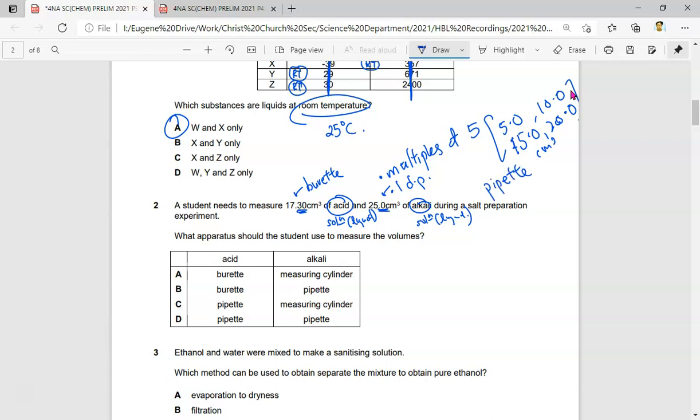So as such, for the acid, you should be using a burette. For the alkali, you should be using a pipette. So the answer will be B.